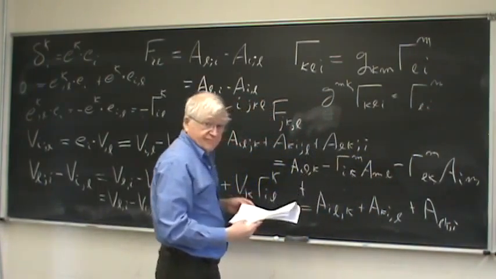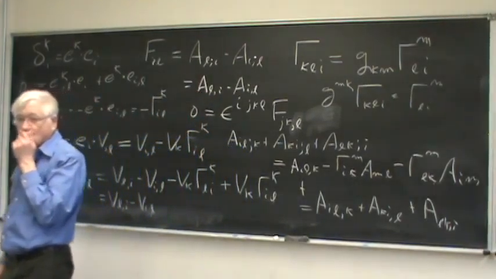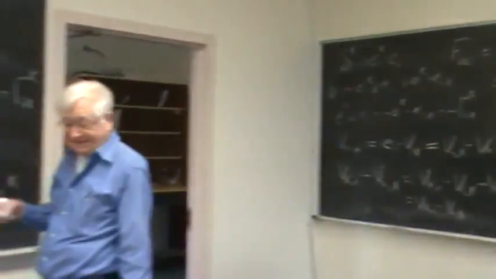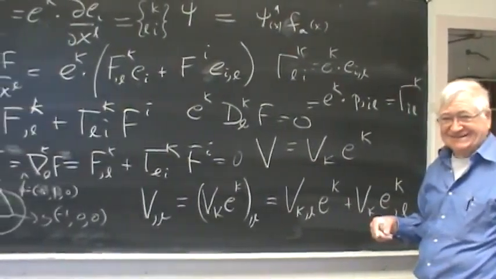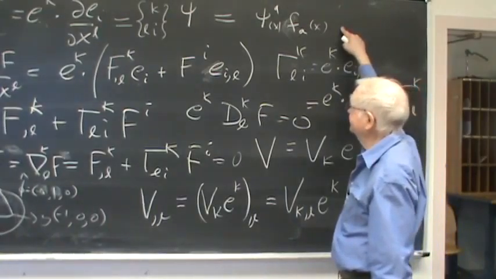Now, is it too far to say that the tetrad is now covariant? Well, yeah. This is contravariant, and the ordinary tetrad is covariant. Right, but if you go up one more equation, no, down.